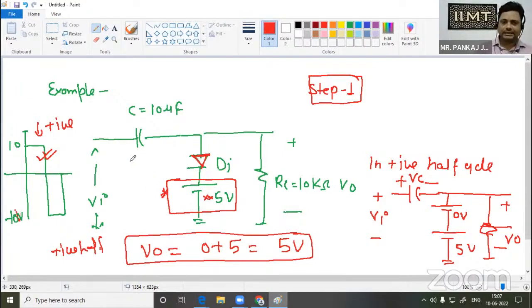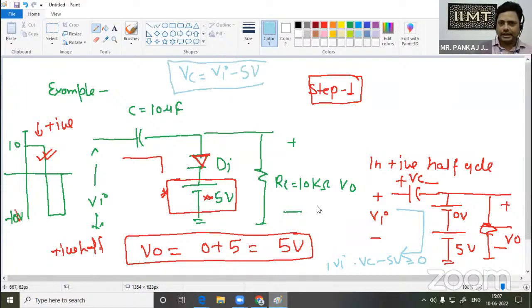In the next step, we find the capacitor voltage. Applying KVL, Vi minus VC minus 5 volt equals 0, so VC will be Vi minus 5 volt.